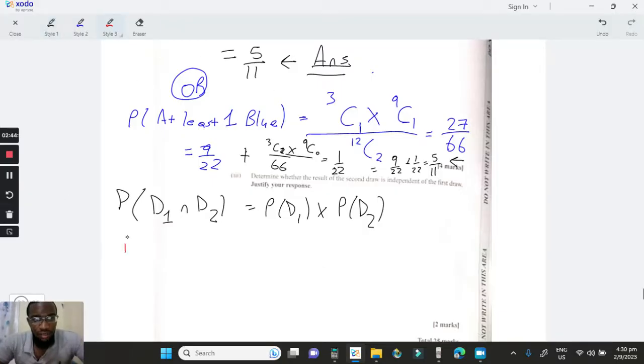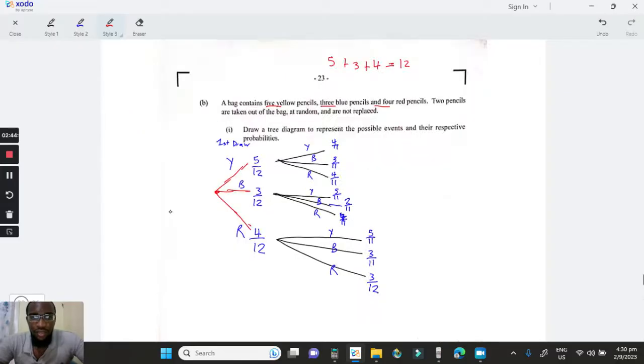So let's look at the probability of getting a red and a red. This is just an example. To get red then red, we'd have to work out the probability of getting red on the first draw times the probability of getting red on the second draw.